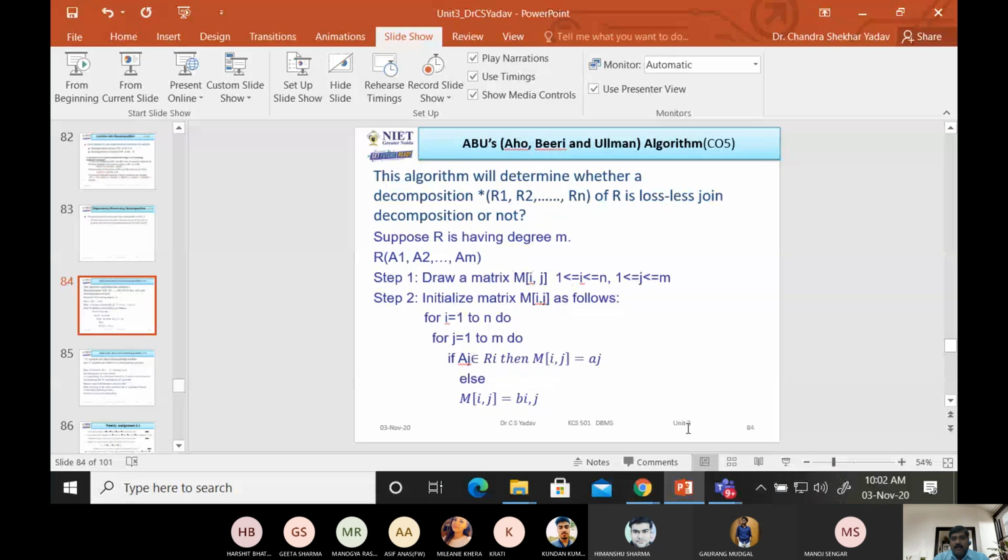One is lossless decomposition and another one is preservation of dependencies, or dependency preservation. Okay. And now you are all going to learn the Aho-Beeri-Ullman algorithm to check whether a decomposition of R is lossless join or not.